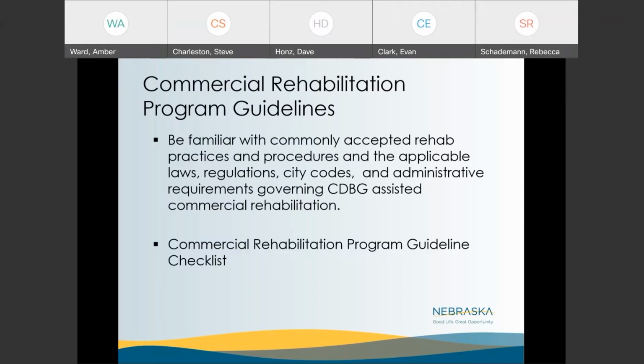Applicants must notify DED where within your commercial rehab program guidelines you're identifying the various requirements that we spell out in the threshold exhibit. You identify what page number you're covering within your program guidelines. Next, please.